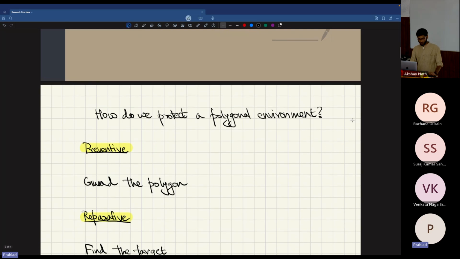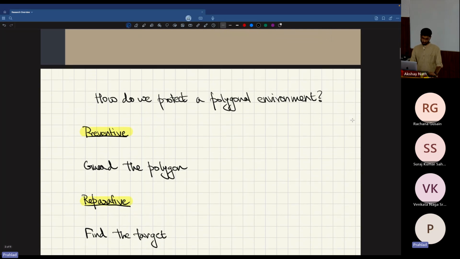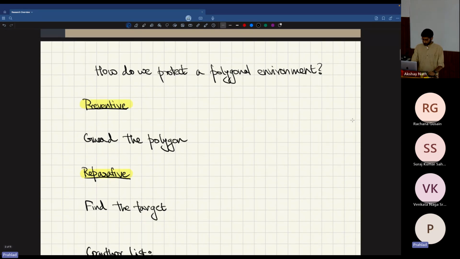One is that you can be preventive, in that you can stop bad stuff from happening before it does, or reparative, in the sense that once something bad happens or your environment has been compromised, you need to do something about it.